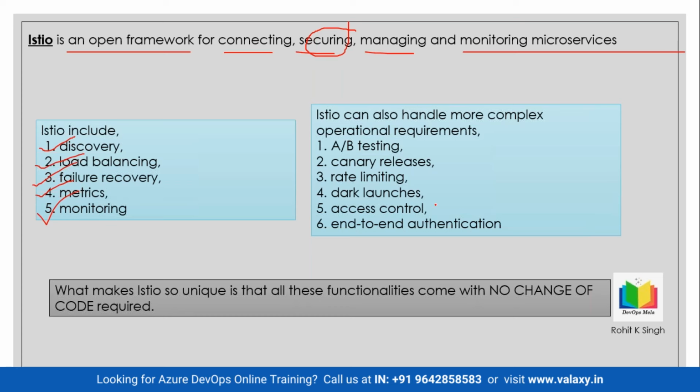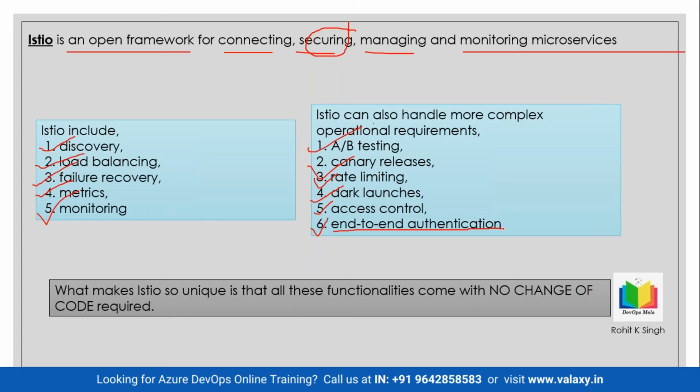Istio can also help you with complex operational needs like A/B testing, canary releases, rate limiting, dark launches, access control, and end-to-end authentication. This authentication part we'll also see. There's a term called peer authentication, which is something we'll see.